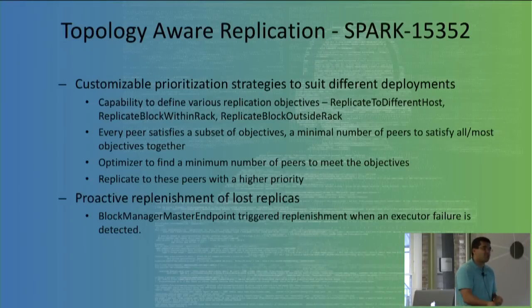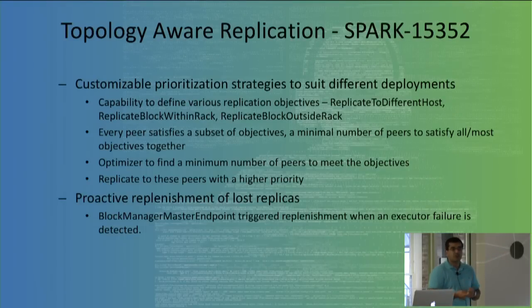It would know the blocks that existed on that executor, and the replenishment, very much like it happens in HDFS as well. HDFS knows a node has gone down, and certain blocks are under-replicated. So, picking a suitable time, it tries to redo the data replication. So we are trying to put something of that sort into Spark as well.